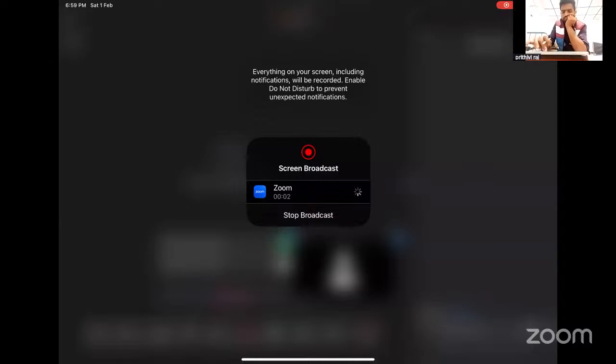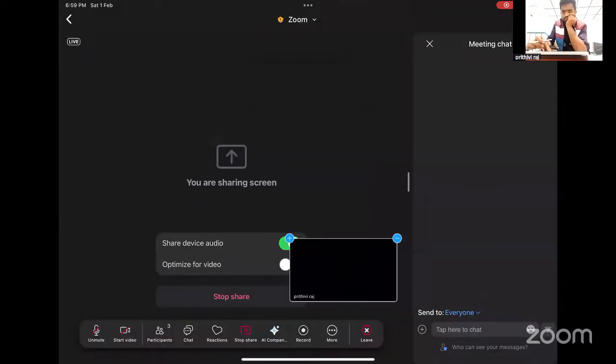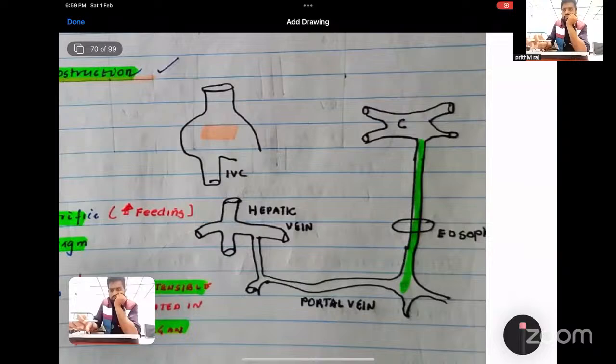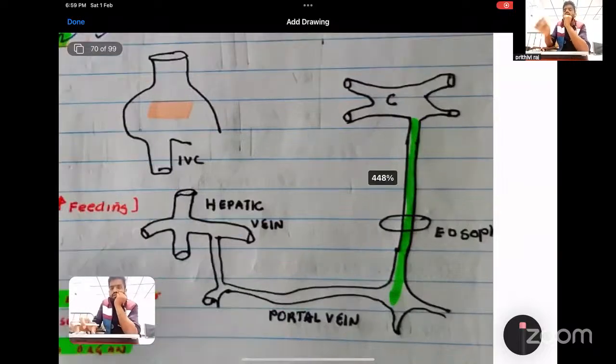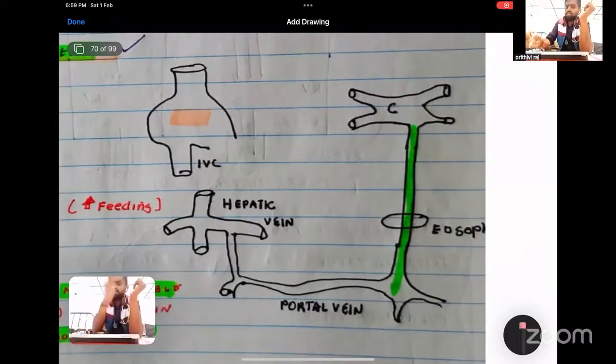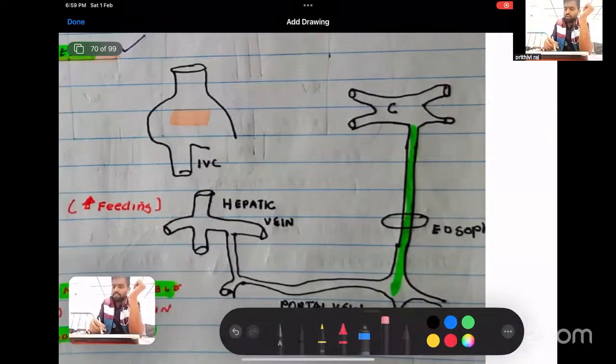Yeah. Now see, this is the thing. So in case of intracardiac TAPVC, there will be a common vein, a common chamber will be formed.